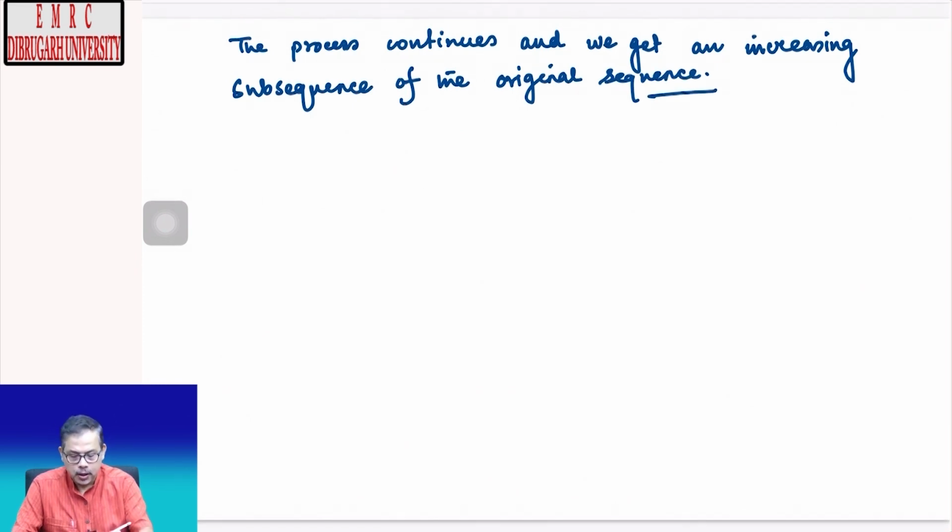Okay. Original sequence was xn, and this gives me the existence of a monotone subsequence from any real sequence. This completes the proof.